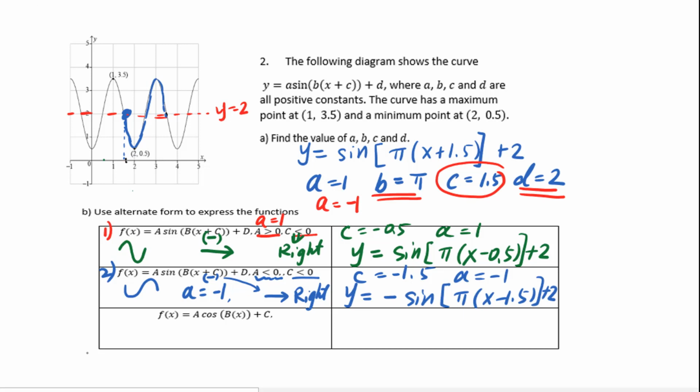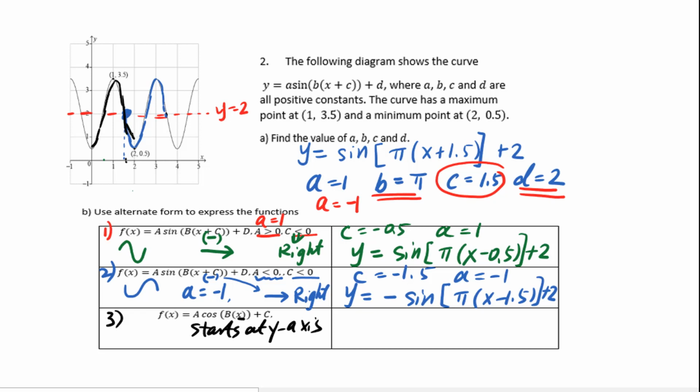Let's go to the last question. f of x equals a cosine(bx plus c) plus d. There's no horizontal translation, which means the graph starts at the y-axis. We will sketch the graph like this.